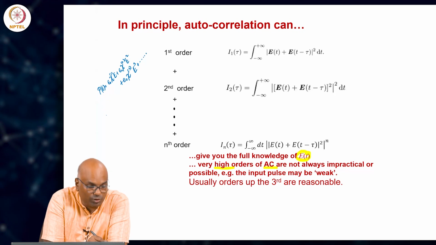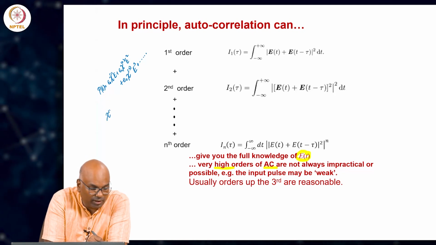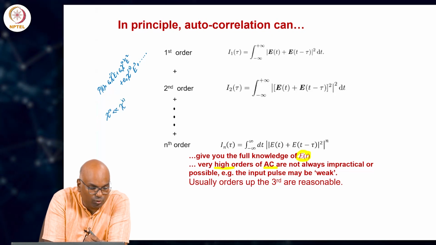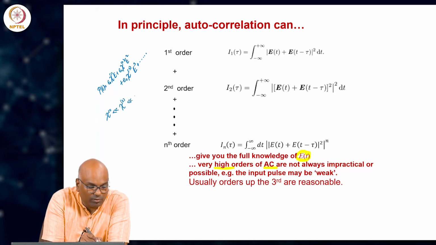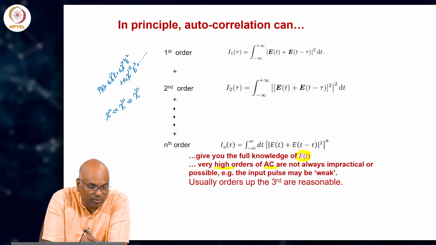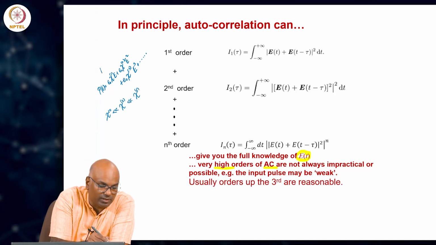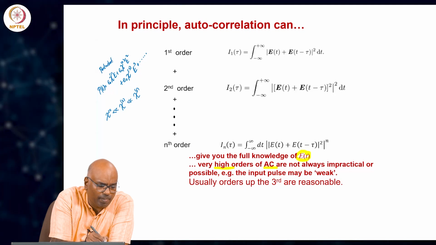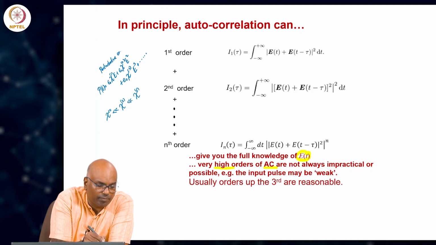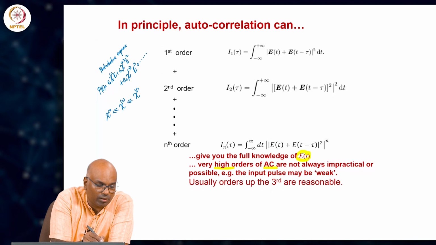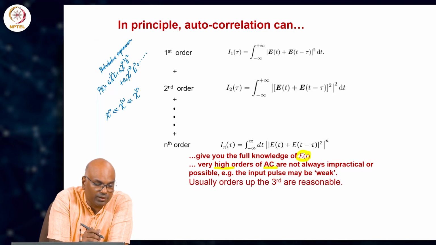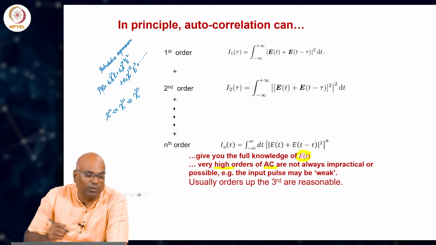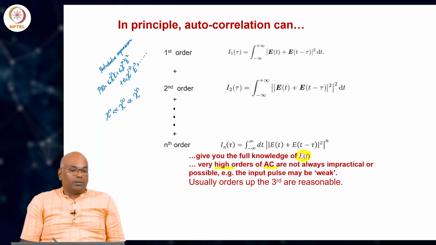And we of course know that chi 3 is numerically far less than chi 2, which is less than chi 1, merely because of the fact that this is a perturbative expansion. I should possibly write this as P of E and not P of t, although it is time dependent.